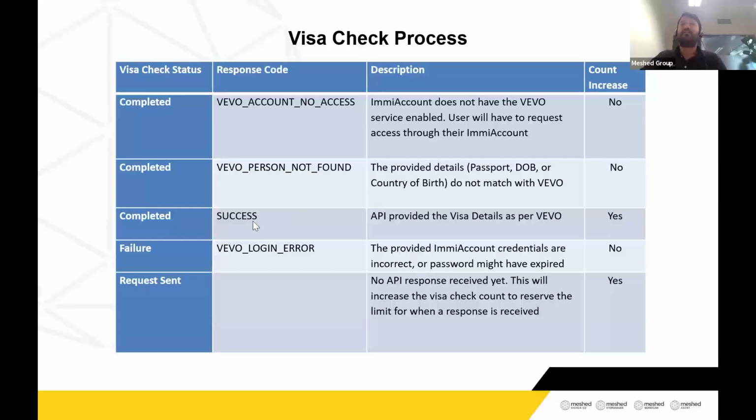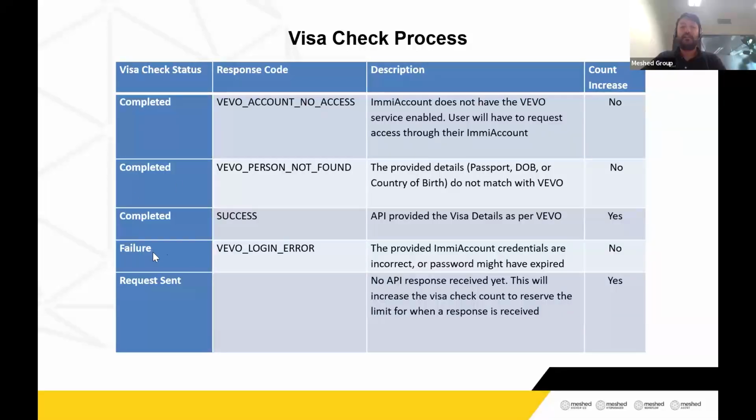In this case, the provided details were right, your IMEI account doesn't have any issue, you have the required service enabled, and the student or applicant visa exists based on the parameters provided, and the API provides back the valid visa response. Let's say, for example, student visa 500, student can study indefinitely. That kind of information will be returned.